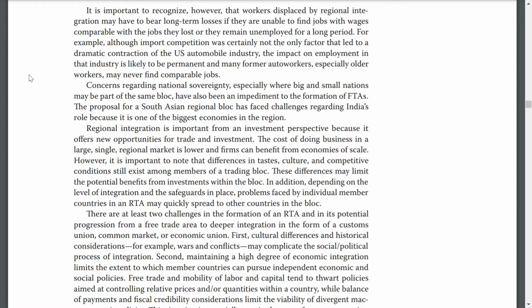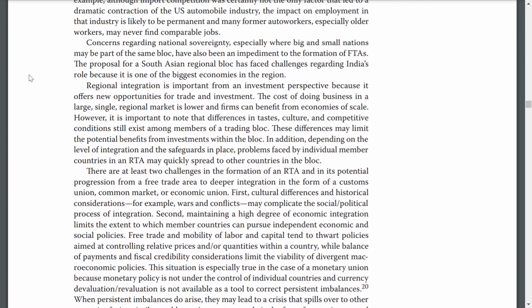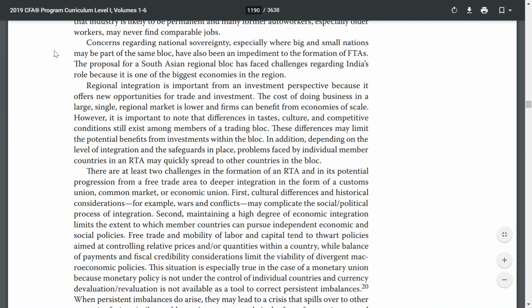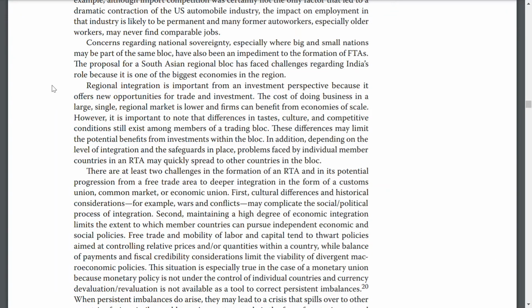Concerns regarding national sovereignty arise especially where big and small nations are part of the same bloc, as with proposals by the South Asian regional bloc, which face challenges regarding India's role because it is one of the biggest economies in the region.